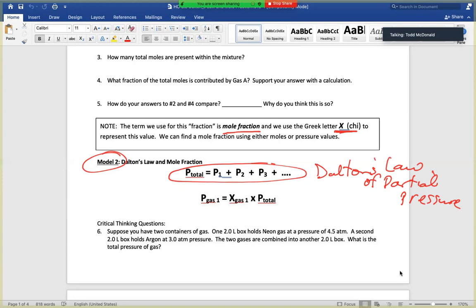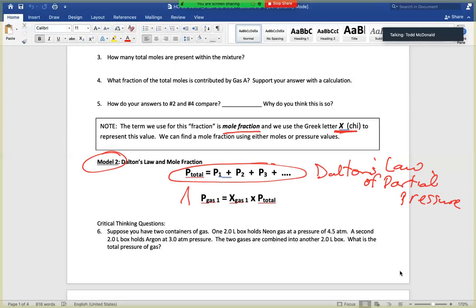If we have 3 gases in there, we take the pressure exerted by gas 1, gas 2, and gas 3, add them all up, and that gives us the total pressure. That is a pretty straightforward, easy concept: the sum of all the pressures gives us the total pressure in the container.